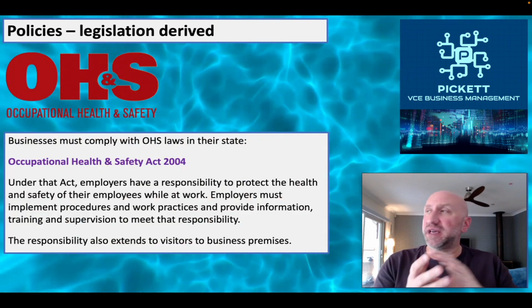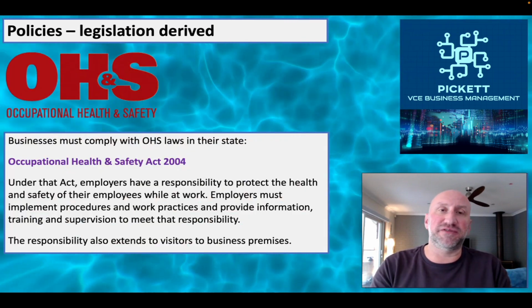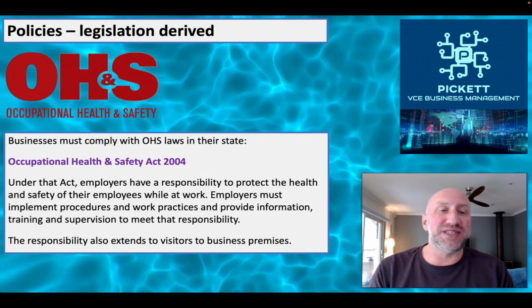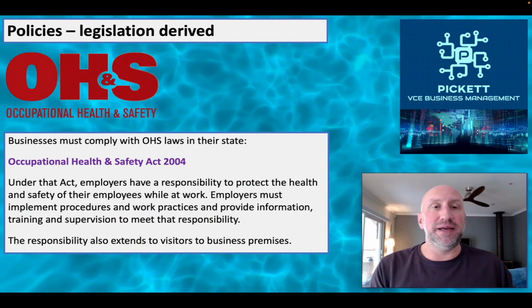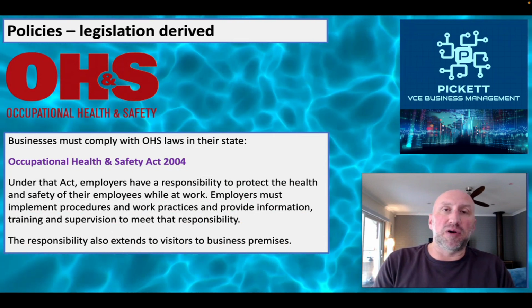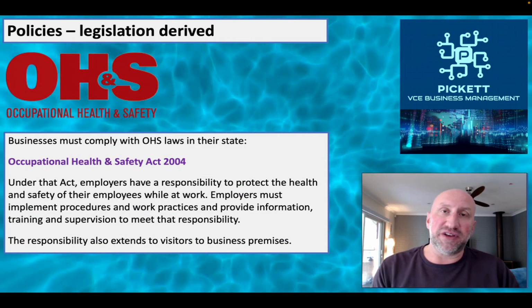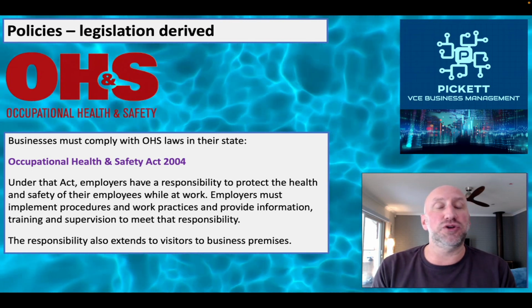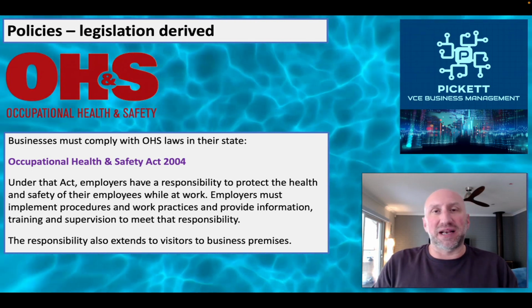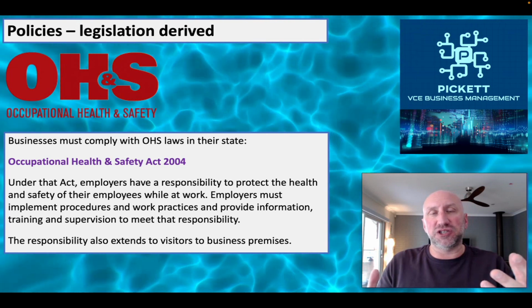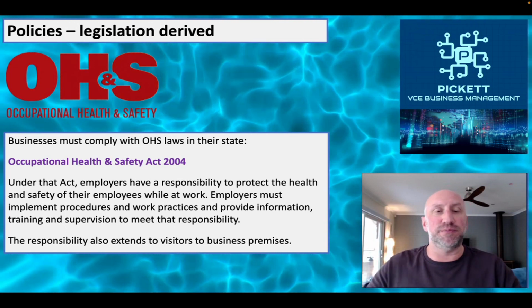Legislation derived, again, there's an endless amount of this, just a few examples. Occupational health and safety. Basically, every business must comply with the OH&S laws in their state. So in Victoria, we have the OH&S Act 2004. Basically, it's a huge piece of legislation and there's a lot of documentation behind this.